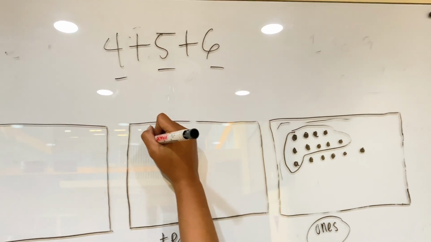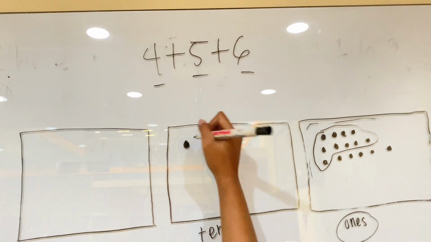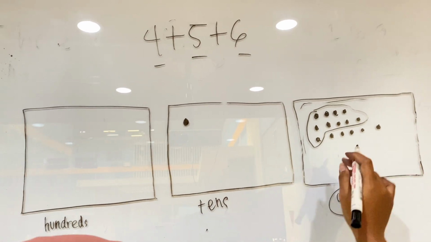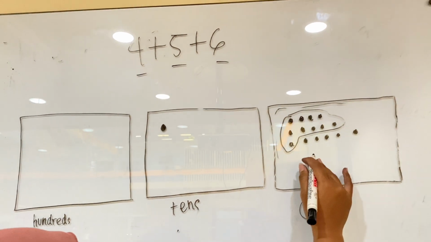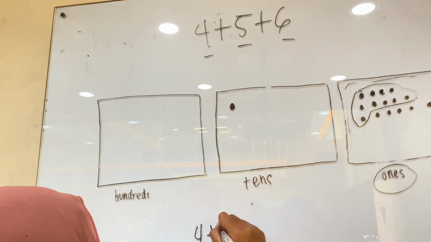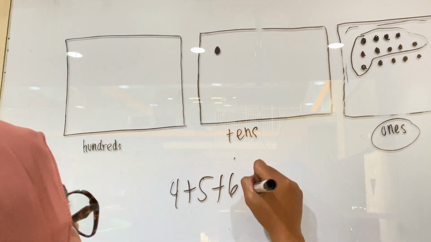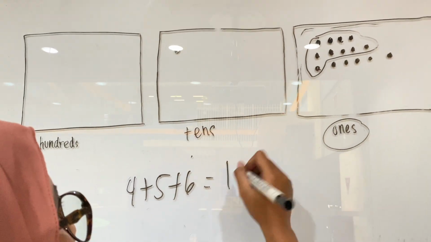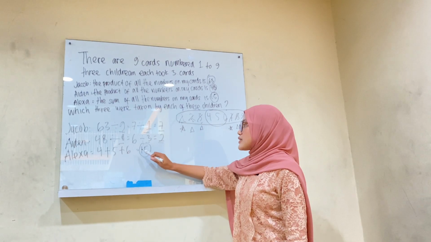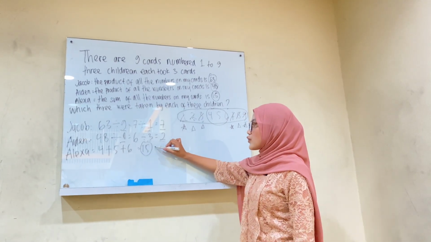Okay, this is 1 ten, and then this is only 5, so we cannot group the dots. So 4 plus 5 plus 6 equals 1 ten and 5 ones, so 15. The sum is 15, so we got it correct.